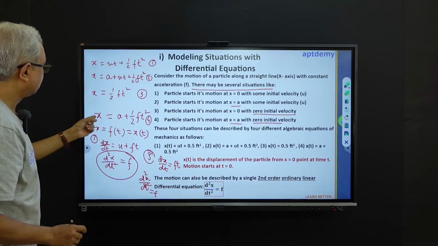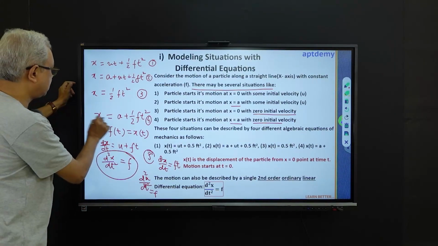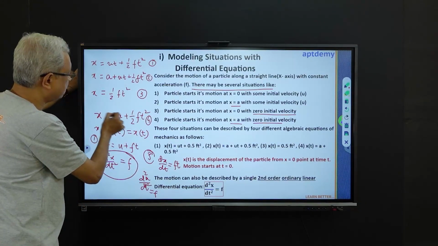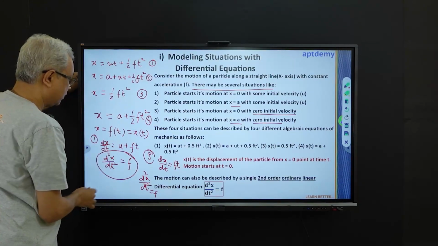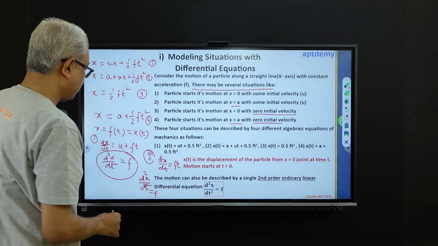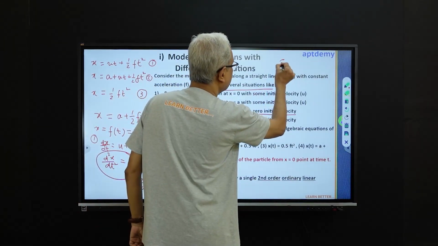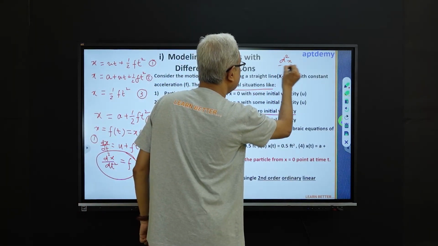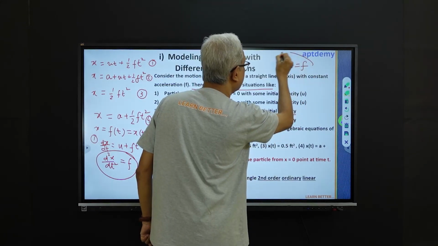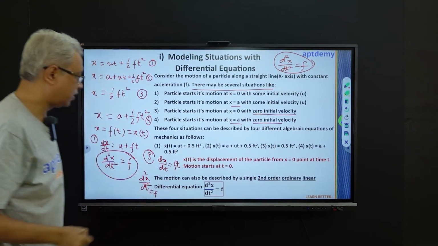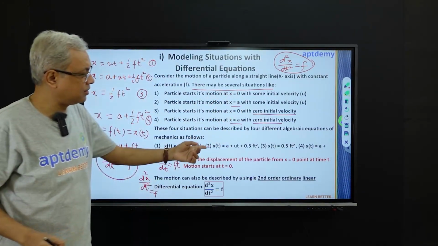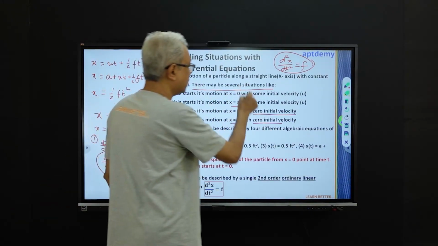Fourth case, this is x equal to a plus half ft square, dx dt will be ft, and d2x dt square will be f. So whatever be the situation, in all cases we start from the algebraic equation and arrive at this expression. That means this is the differential equation describing the motion.